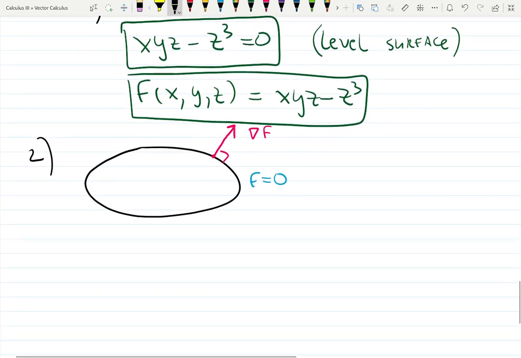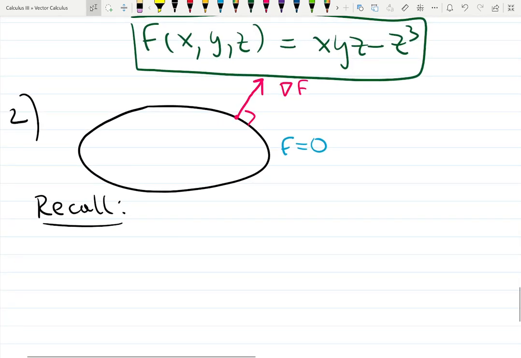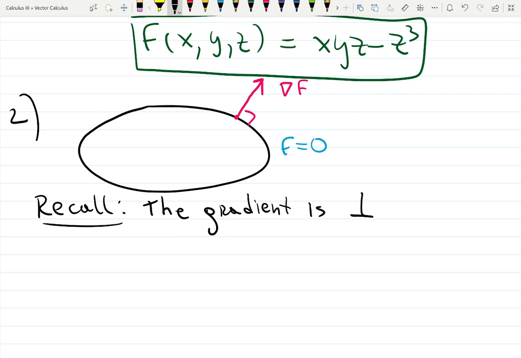So, since we will write it down, recall that all this review is kind of recall. The gradient is perpendicular, that's my notation for perpendicular, to the level curves, level surfaces.